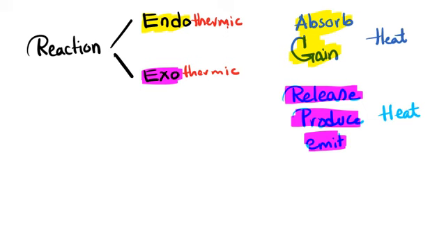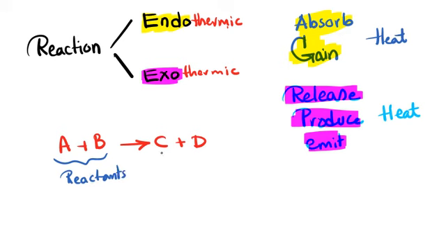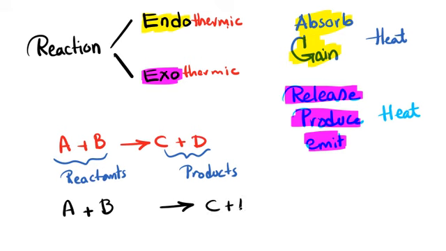If I'm going to talk about another version of reporting endo and exothermic reactions, I may say in general we have A plus B produce C and D. So A and B are reactants, and C and D are considered products. I'm going to write this reaction by adding heat to the reactant side, like this.